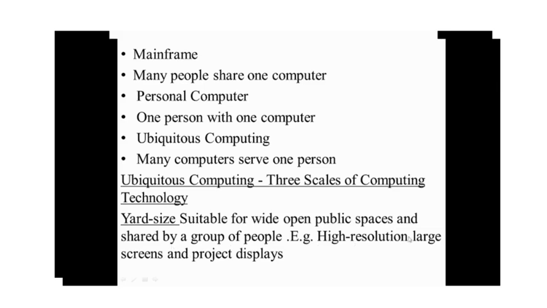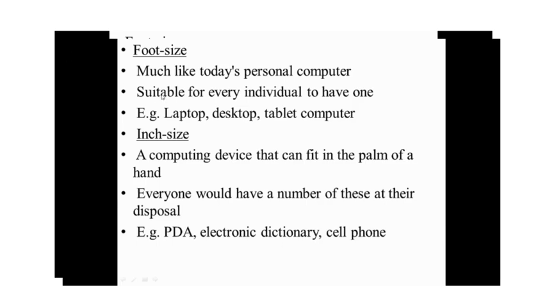Example: high resolution, large screen and projected displays. Second is foot size, much like today's personal computer, suitable for every individual to have one. Example: laptop, desktop, tablet computer. Third is inch size, computing devices that can fit in the palm of a hand. Example: PDA, electronic dictionary, cell phone.